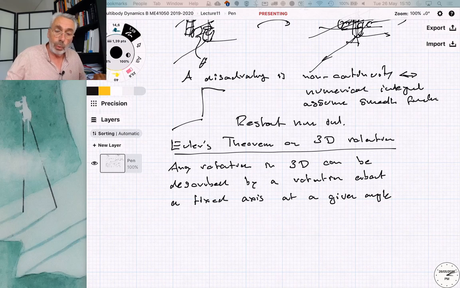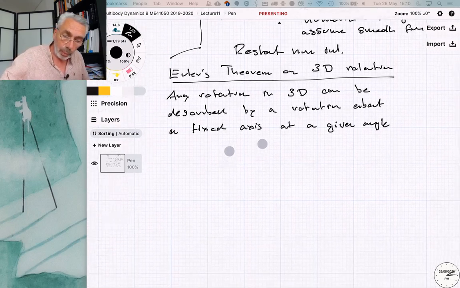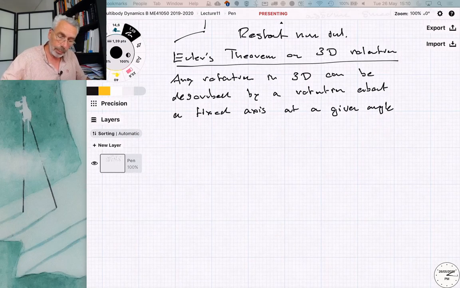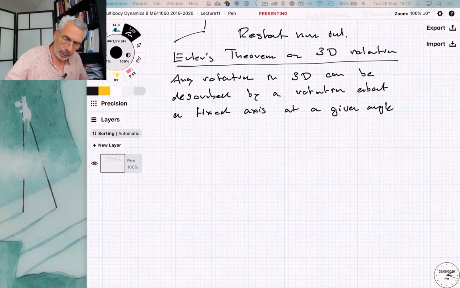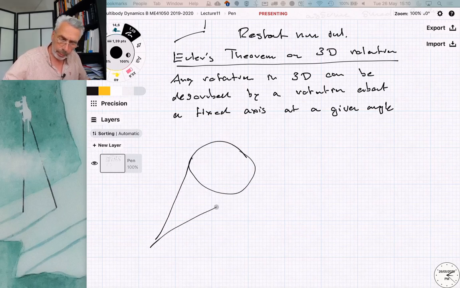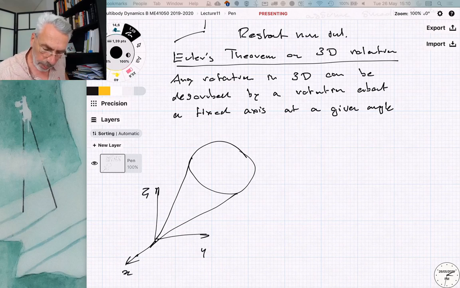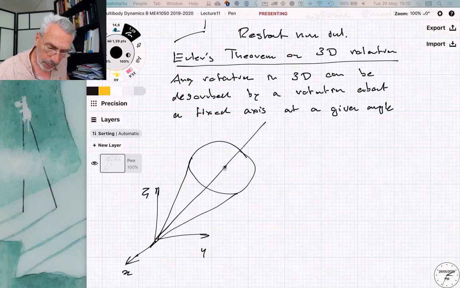And that is the whole way he solves this gimbal lock problem. He says, okay, let's make a drawing. Let's say we have here a coordinate system, x, y, and z. And then we have an axis of rotation, right? That's here.